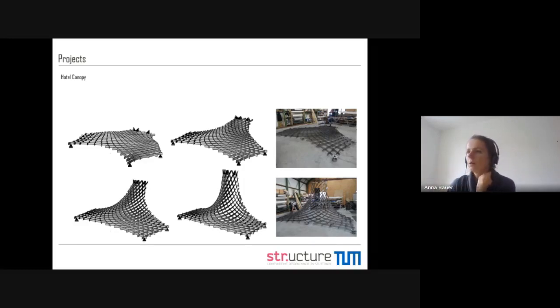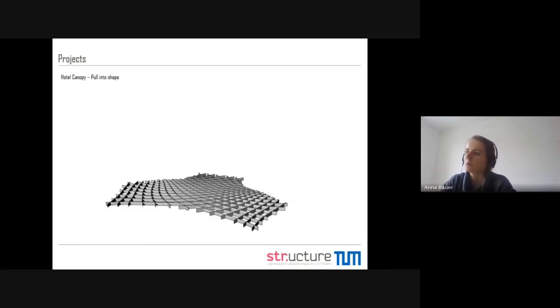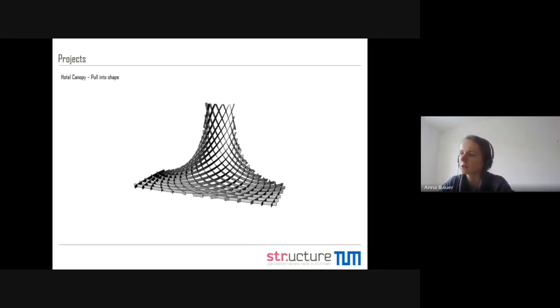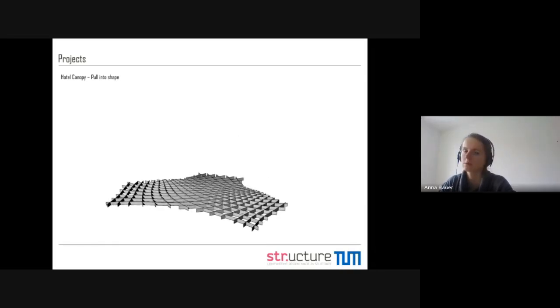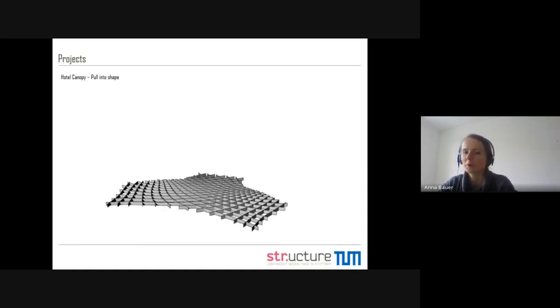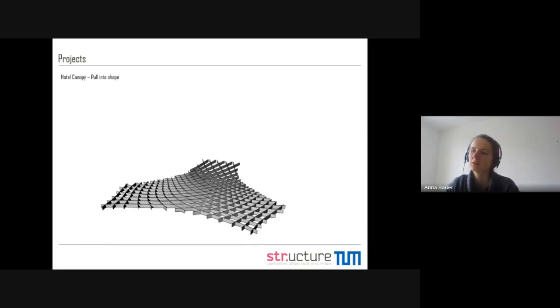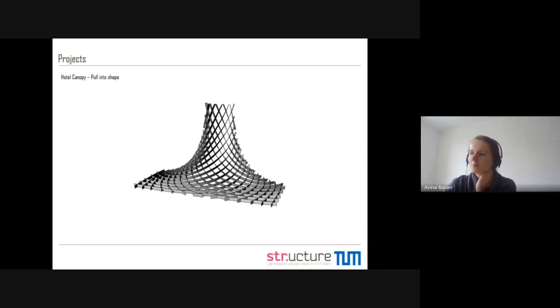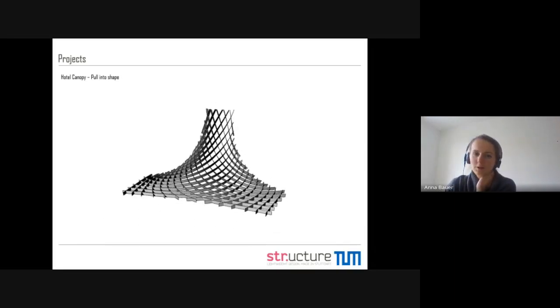So you can see the process, and it matched quite nicely the real process. So it was a good experience here, and it should be already in your direction, I think.